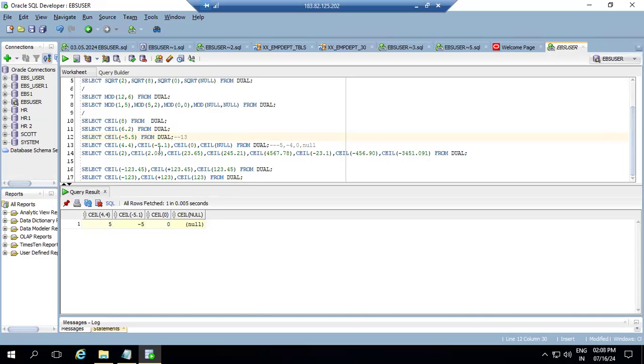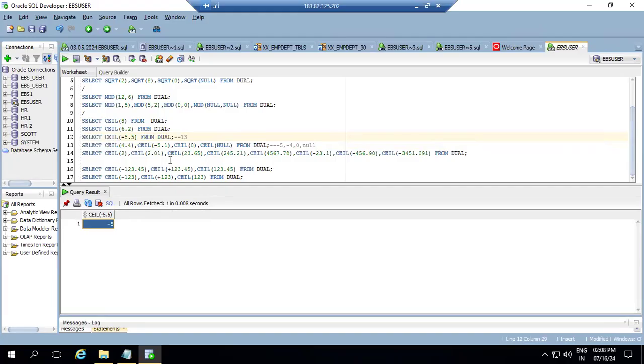Here also I gave the example minus 5.1, and it shows minus 5 only. So I've given minus 5.5 over here, and it is minus 5. Even if you have decimal places, it is not considering them. When it is minus, it gives you the same output, minus 5 only. It will not decrease the value or increase the value.